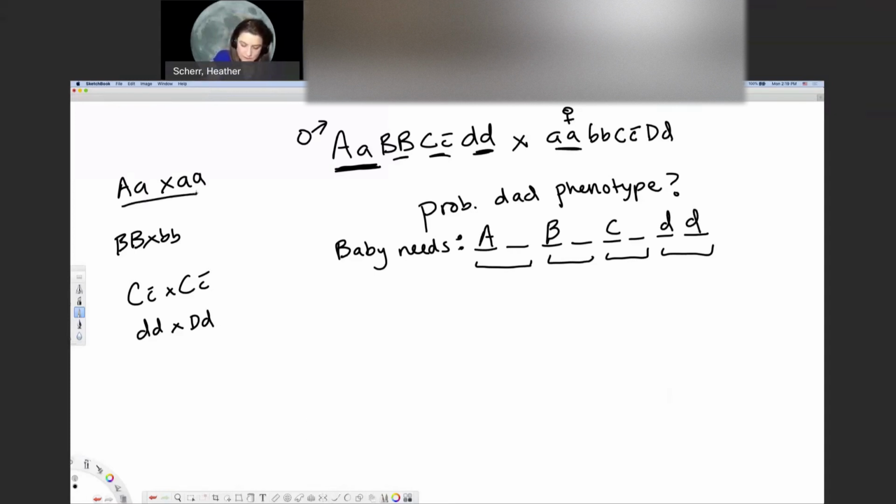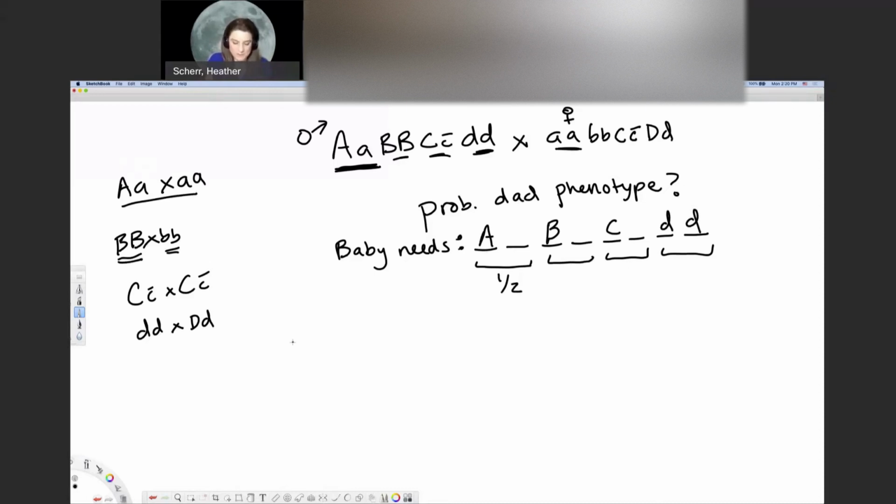All right, this cross to get a big A is 1/2, because basically if you got this sperm, then you'd have a big A. If you got that sperm, you wouldn't have a big A. Right, yep, so that's the cross there. To get a big B here, oh, it's homozygous. So that means that no matter what, you're getting a big B, and no matter what, you're getting a little b.